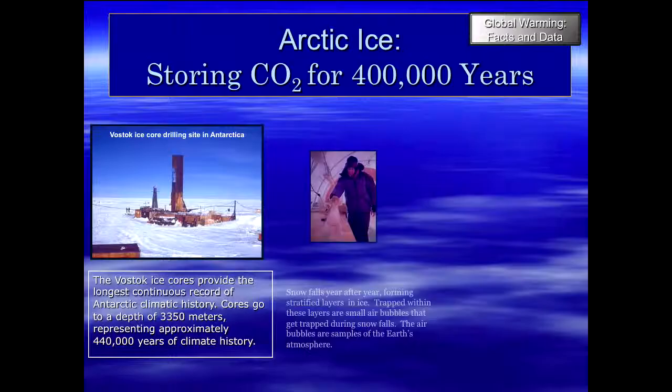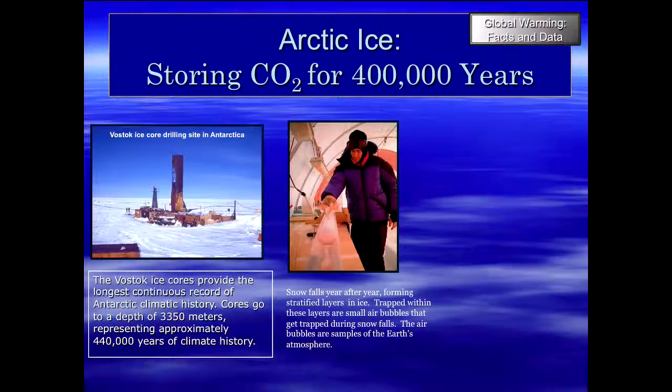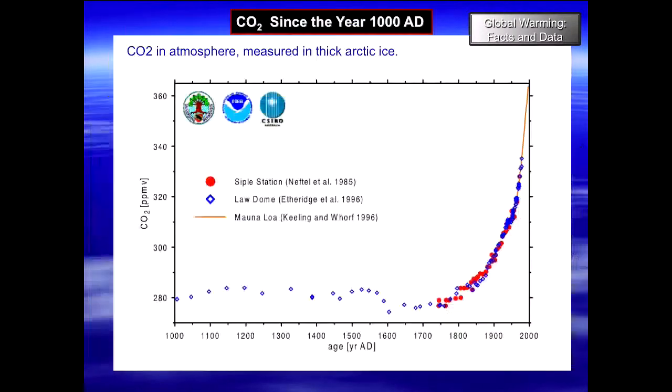And of course, trapped in that ice are pockets of air. And those pockets of air tell you how much oxygen, nitrogen, argon, and carbon dioxide there was in the air way back 400,000 years ago.